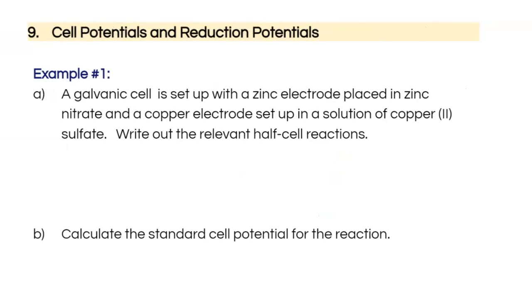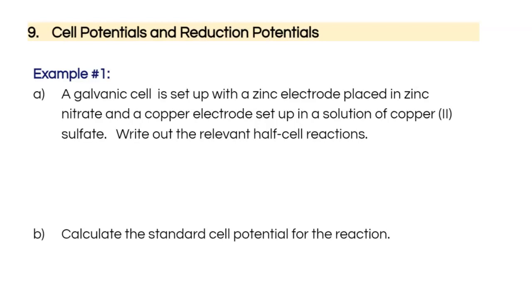In this first example, let me run it through with you. We have a galvanic cell set up with a zinc electrode placed in a zinc nitrate solution and a copper electrode set up in a solution of copper(II) sulfate. Write out the relevant half reactions. Let's start there, and that's a good place to start regardless. You need to identify what your SOA and your SRA are, because that is the reaction that is happening in our galvanic cell.